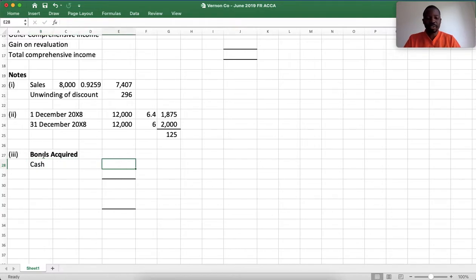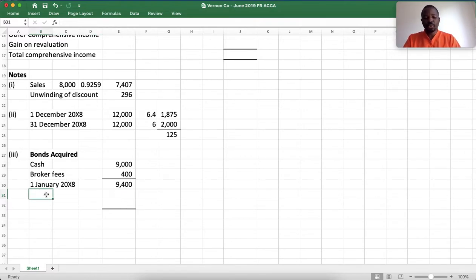Cash paid for the bonds is 9 million, which is 9,000. The broker fees that were supposed to be capitalized, it's 400. When we sum this, we get the opening balance of the bonds as at 1 January 20x8.